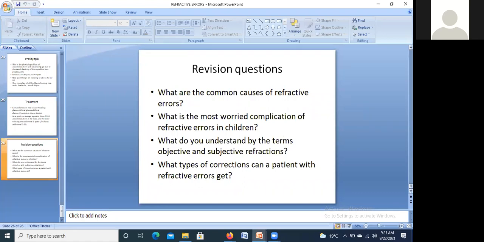When we say a lens is spherical, it means that it has its power globally distributed across all its surface, as opposed to cylindrical lenses where the power is only located in the axis where the refraction is defective. So it is only located in that meridian. The power is not globally distributed all over the lens. It is only confined to that area where there is deficiency in refraction. So that's why they're called cylinders.